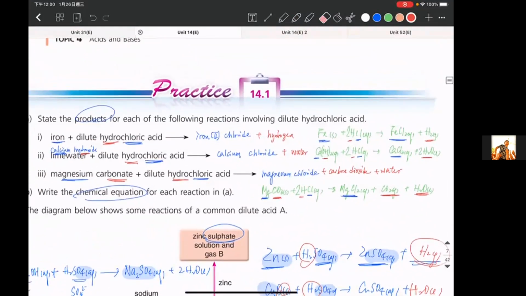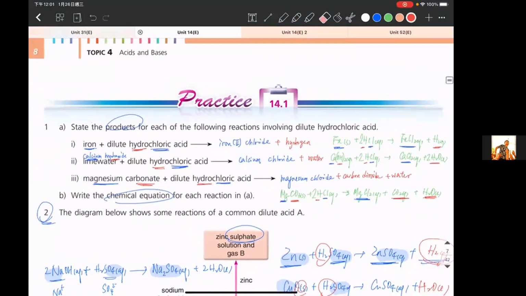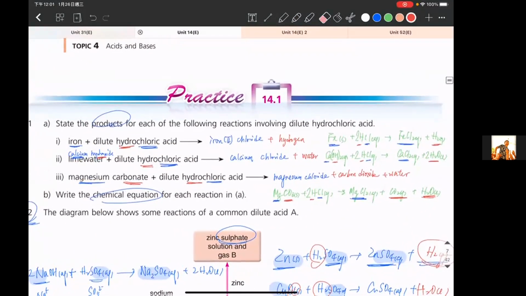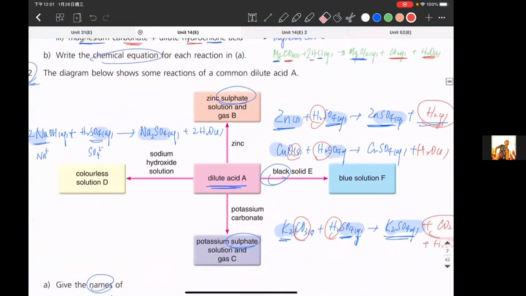To get to know the name of the salt. The name of the salt comes from two parts, right? One is the metal part, the other one, the non-metal part or anion part, comes from the acid. Leaving behind is the chemical you're looking for, like hydrogen gas or carbon dioxide and water, or simply water. It depends on the type of reaction.